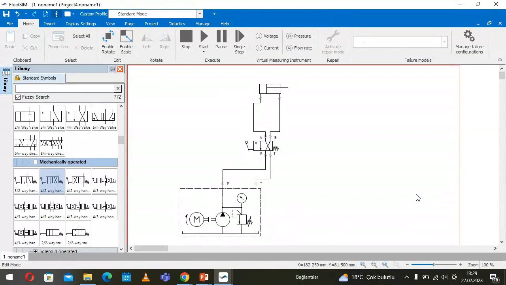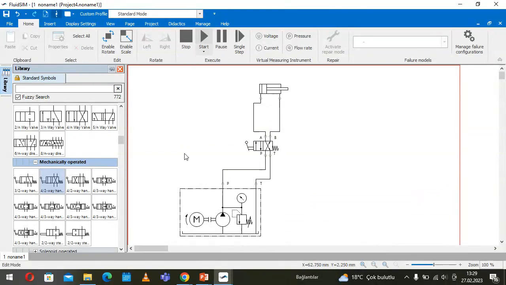So that means we have a closed cycle, so that the oil or fluid is running in this cycle, and this is the returned oil, and this is the oil from the pump into the system.